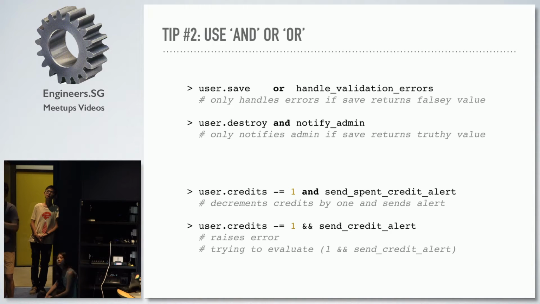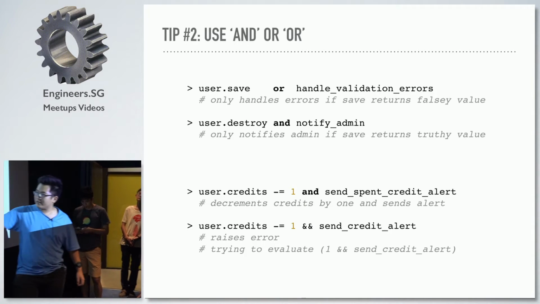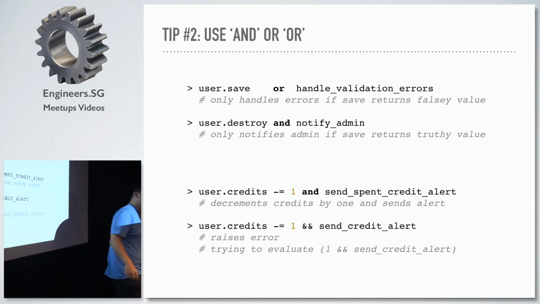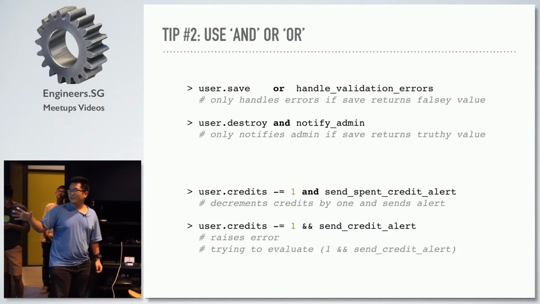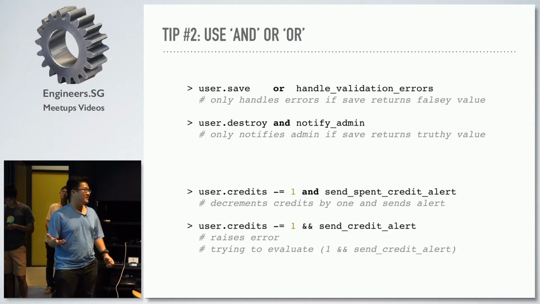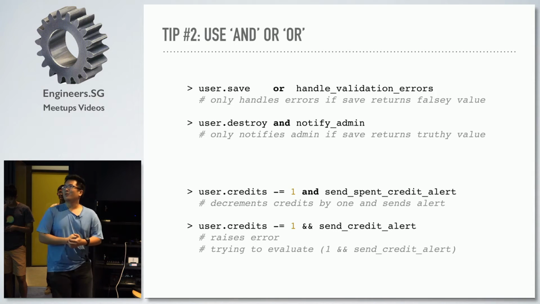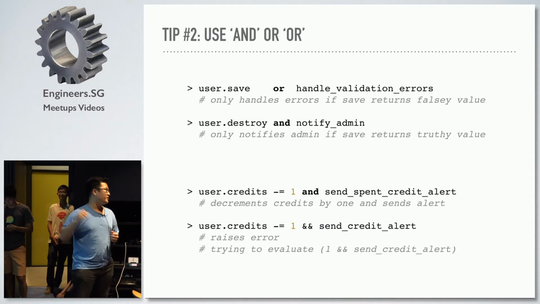Because we use the keyword AND, it evaluates the left side first and then the right side. But if you use a double ampersand, it will evaluate this part first and then put it into the next side. So that causes the error because if your sendCreditAlert function doesn't return something that you can perform the double ampersand operation with a fixnum, then it returns an error. So this is when you would use the keywords AND or.